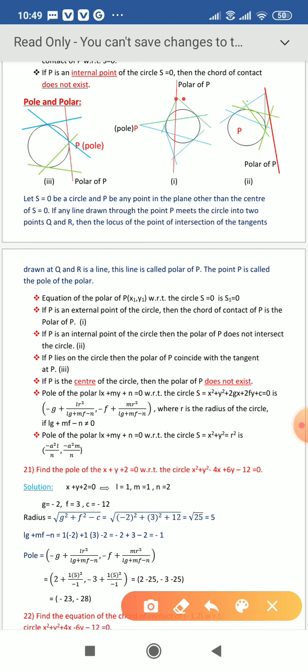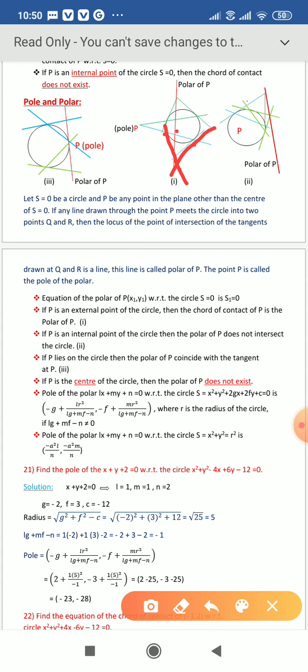Now again, from this P we draw another line. You observe this blue secant line. This line also intersects the circle at two points. Suppose roughly this is one point and this is another point. At these two points we draw the tangents. This is one tangent and this is another tangent.